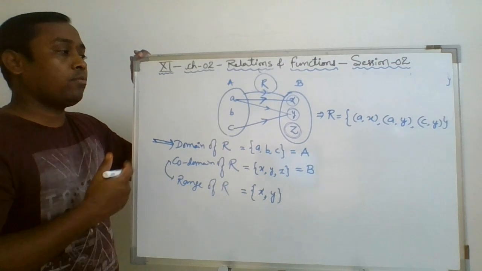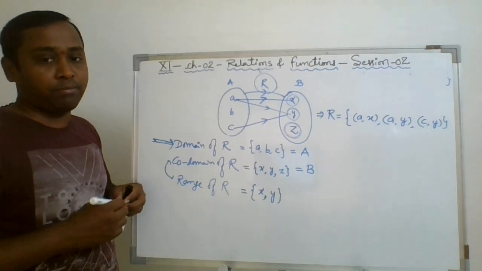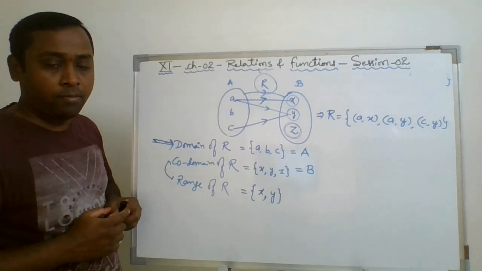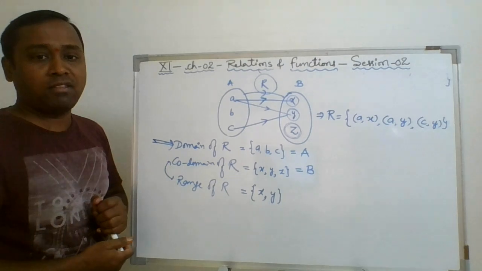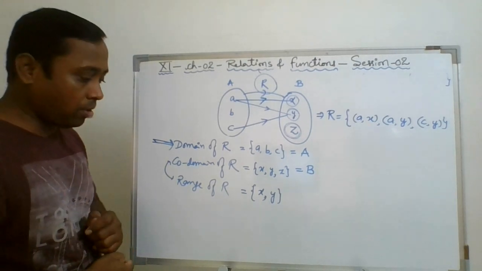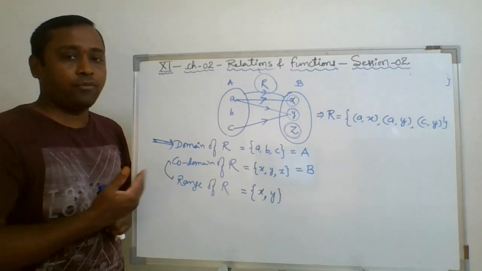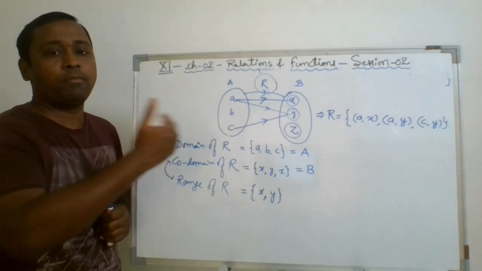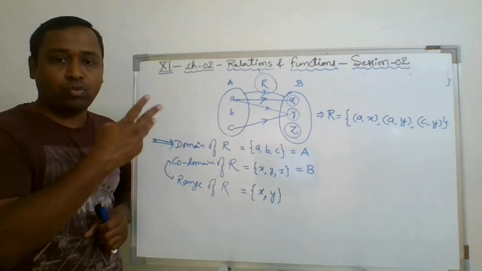Getting it? So there are three ways to express the relation: set builder, roster, and the arrow diagram form. One of the forms will be given to you. They may ask you to express it in the other form, just like you did in set theory, where the roster form will be given and you have to convert it into set builder form, or set builder form to roster form. So in the relation topic also, there are three ways to express the relation.